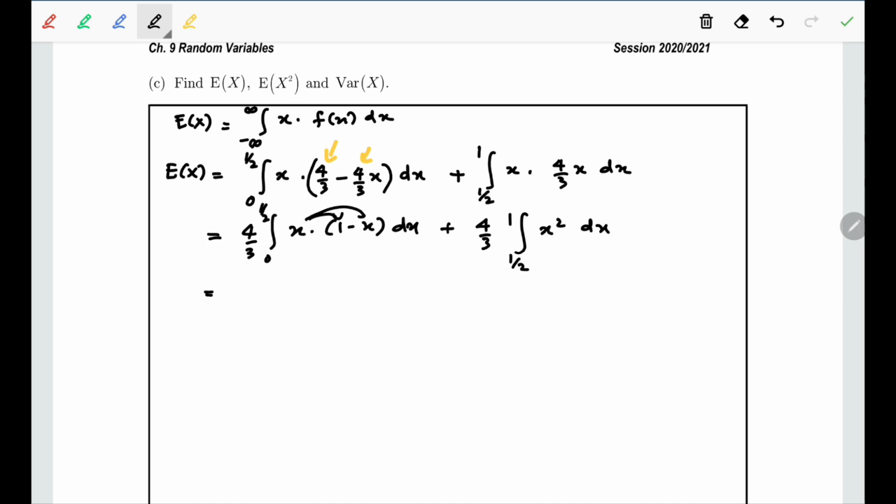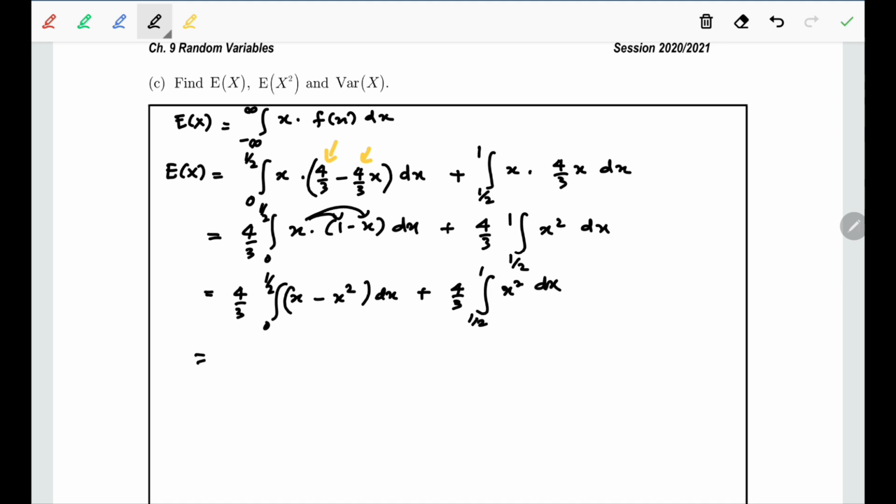Alright, this one needs to be expanded before we integrate. So 4/3, 0 until 1/2, so that you will get x minus x squared dx, plus 4/3, 1/2 until 1 for the x squared dx.